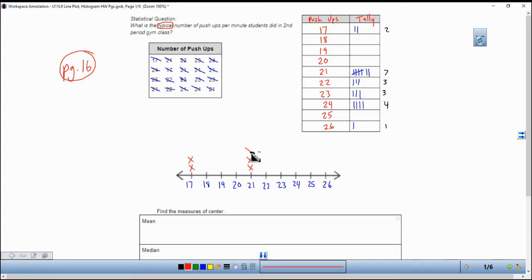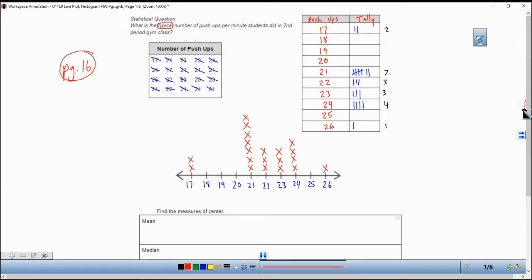We're going to make sure our X's are around the same size, with about the same amount of space between them. 22 is 3. 23 is also 3, so 22 and 23 should be the same exact height. 24 is 4, so 1 data point greater. 25, nothing. 26 is just 1.